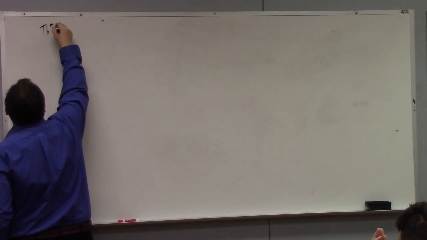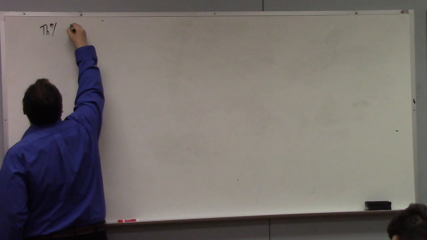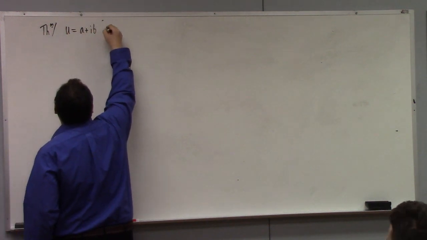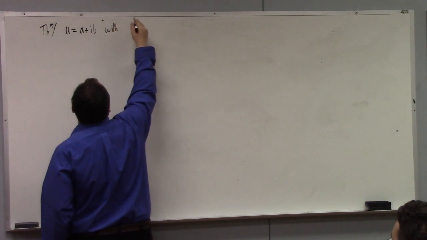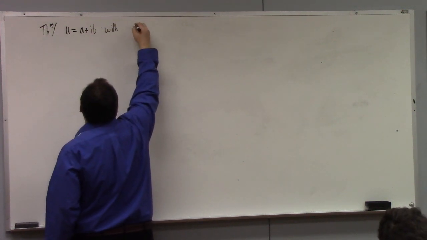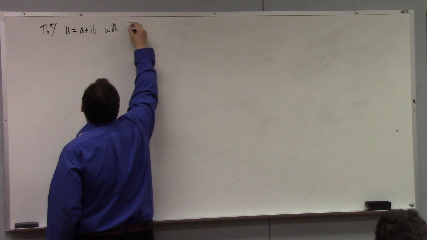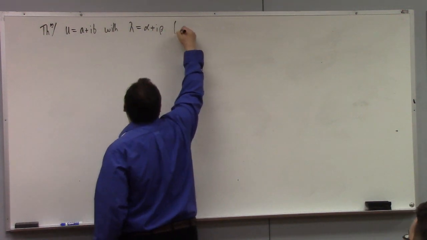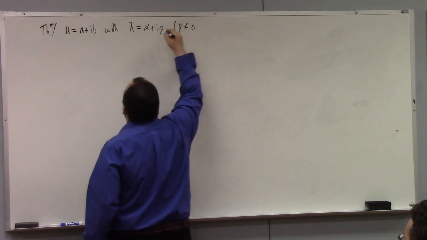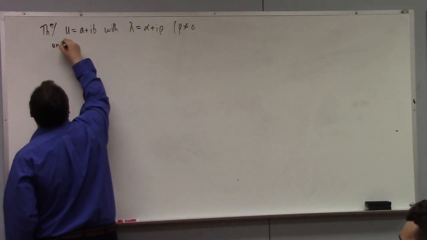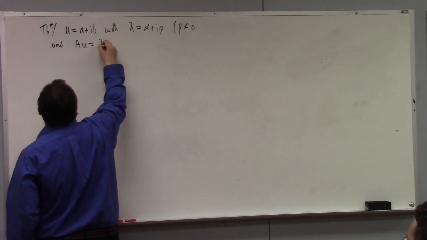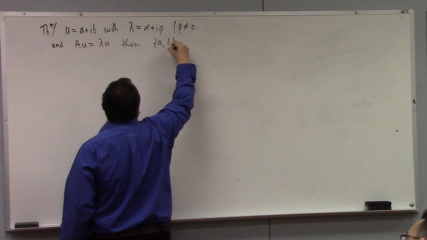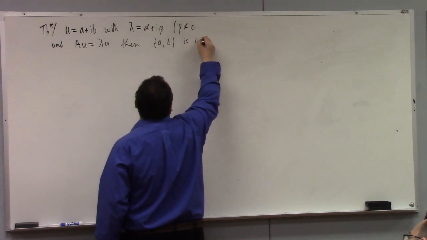So here's a theorem. If we have u equals a plus ib with complex eigenvalue alpha plus i beta, beta not equal to 0, and Au is equal to lambda u, then if we look at a and b, this is a linearly independent set.